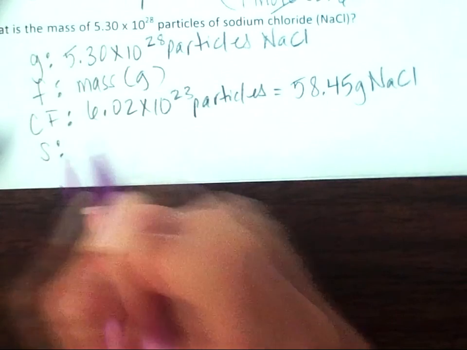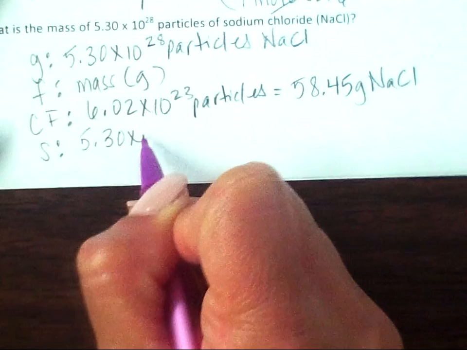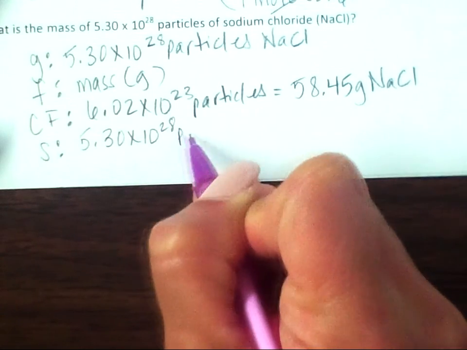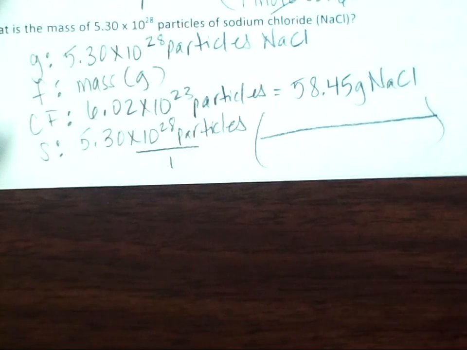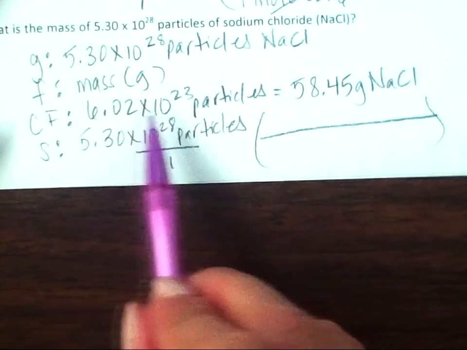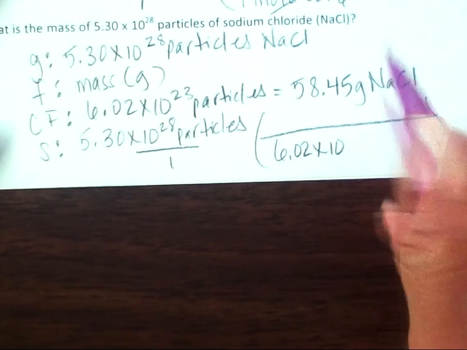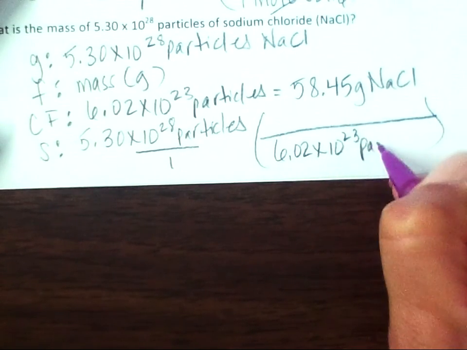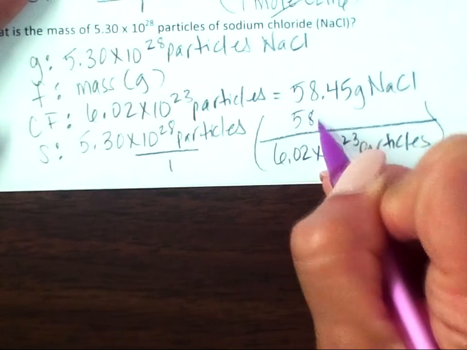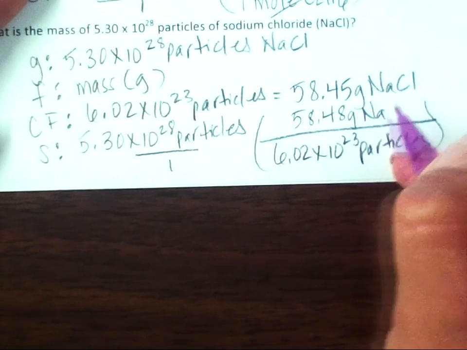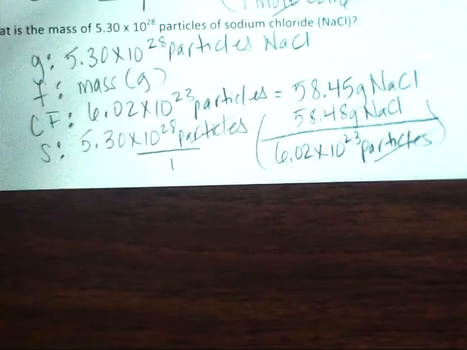Let's do the solution. You start with what was given. What goes on the bottom from our conversion factor? Yes, thank you. For every 58.48 grams of sodium chloride, the particles will cancel when divided.